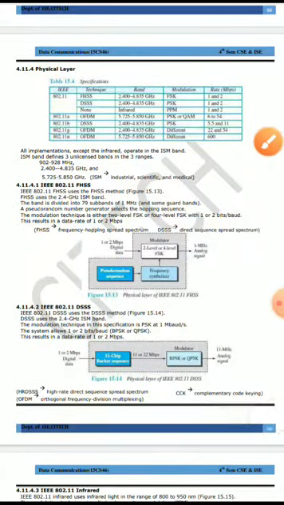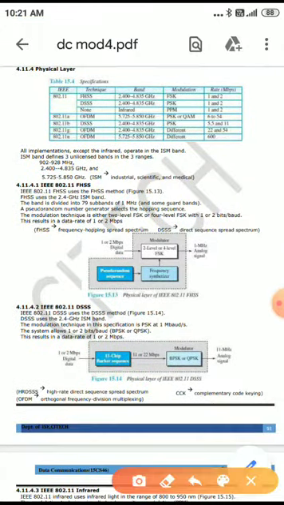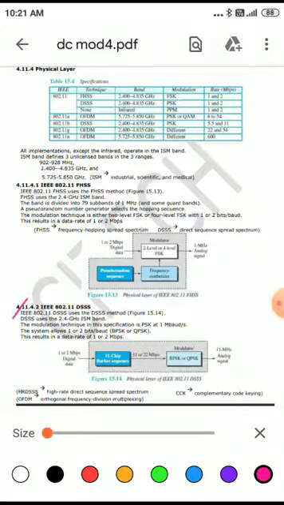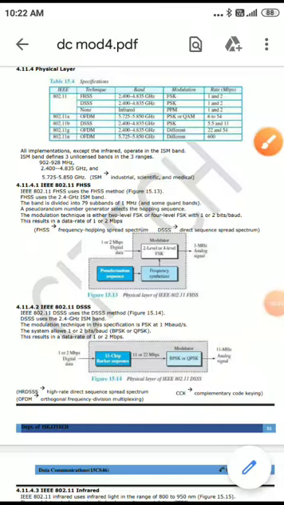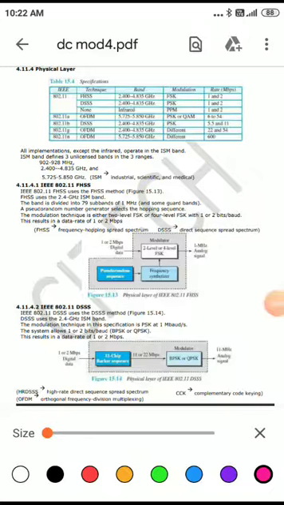Next, we move on to IEEE 802.11 DSSS. What is meant by DSSS?